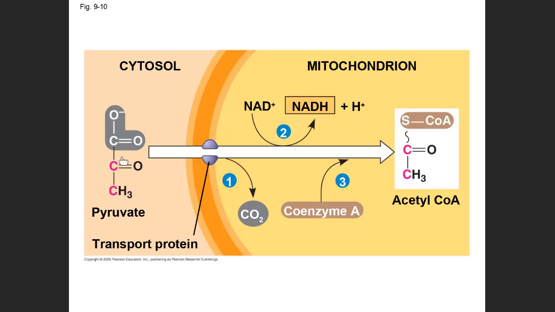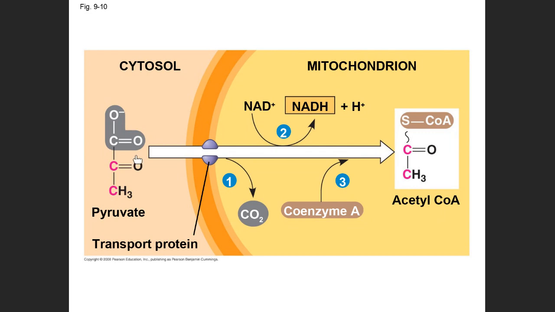So our pyruvate, and remember there are two of these, so what you see will happen twice. It's going to be decarboxylated to produce acetyl coenzyme A. So one of the carbons gets ripped off here and released as carbon dioxide. Because a covalent bond has been broken, electrons have been released and captured by the NAD+ to make NADH.